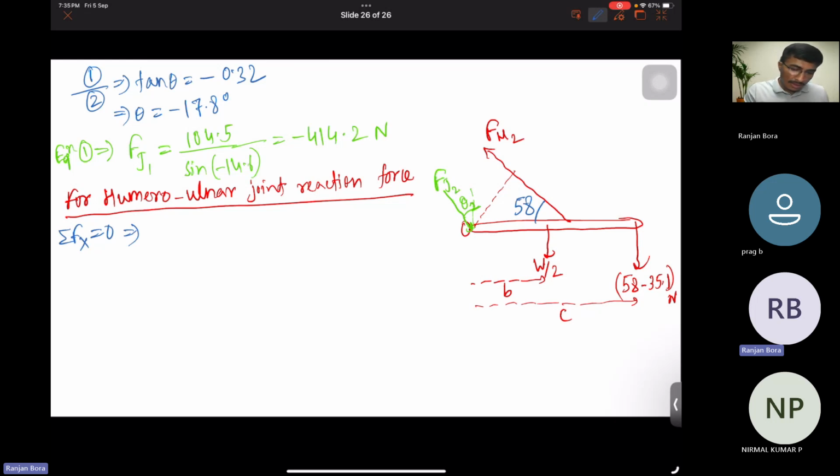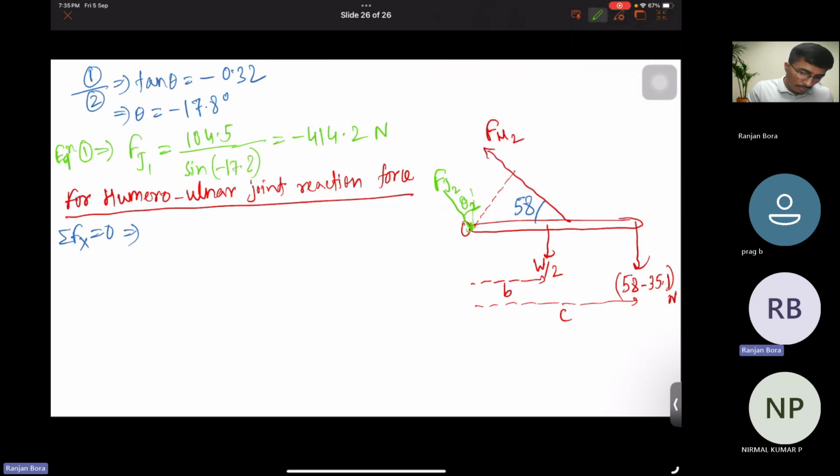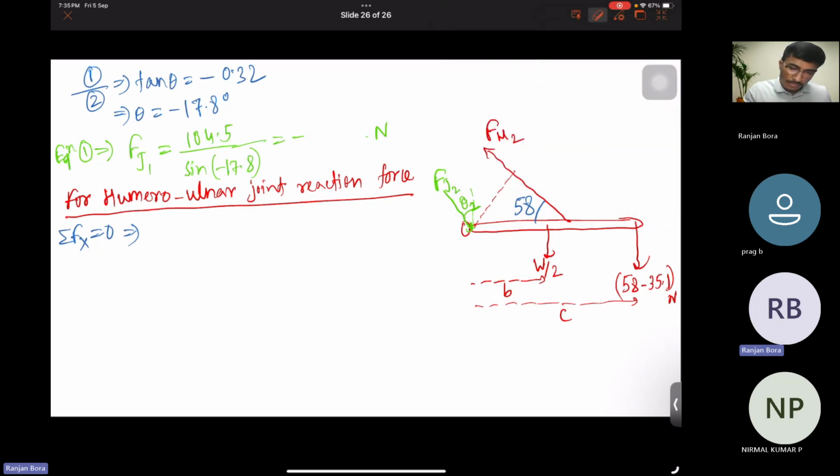And now if we substitute it here, it is minus 340. Okay. So the directions were the same, but only the magnitude differs.